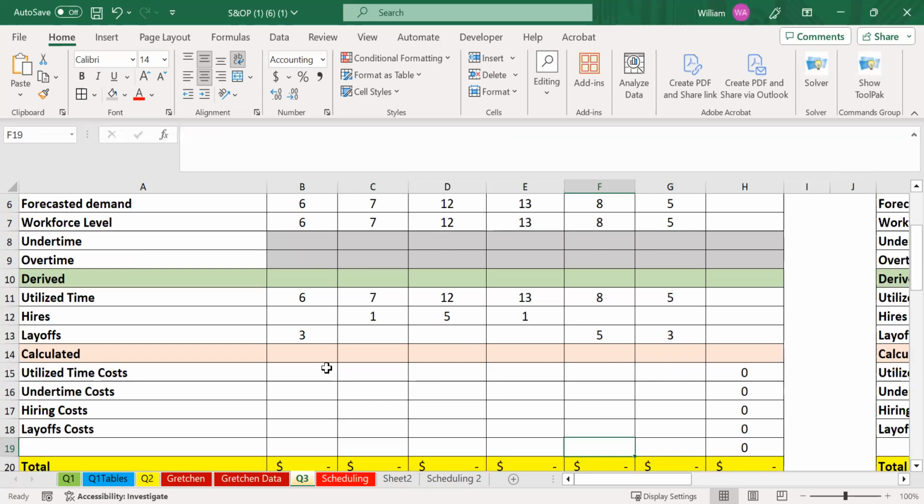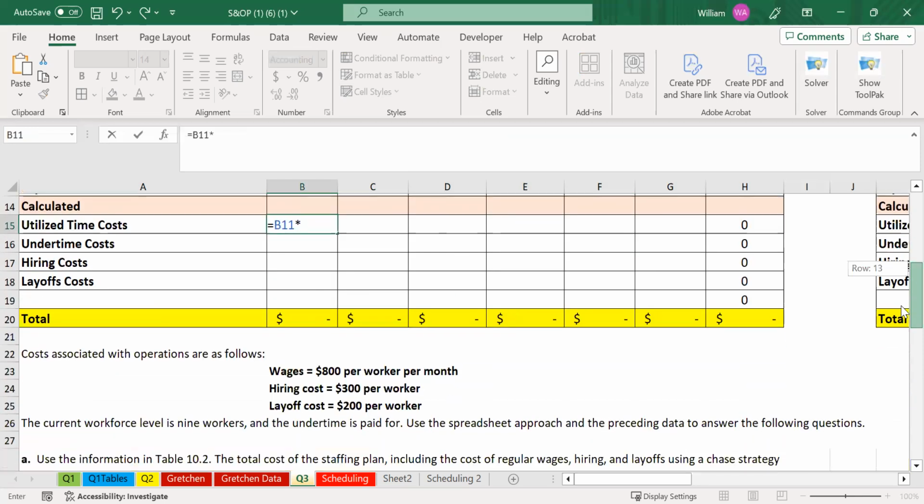Okay. So with that, I can now figure out how much it is going to cost us for the employees: for the regular wages, for hiring, for laying off employees. The utilized time cost would equal your utilized number of employees, which is 6, multiplied by however much we're paying them for wages, which is $800 a month.